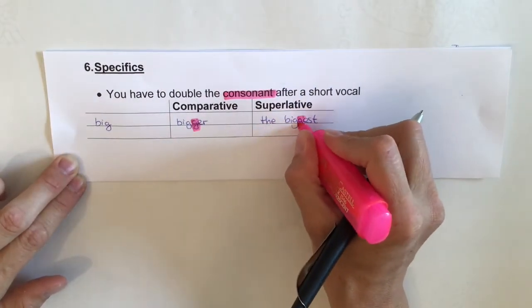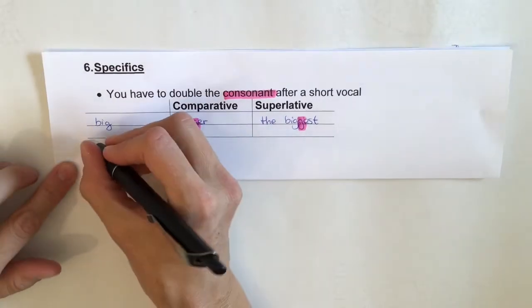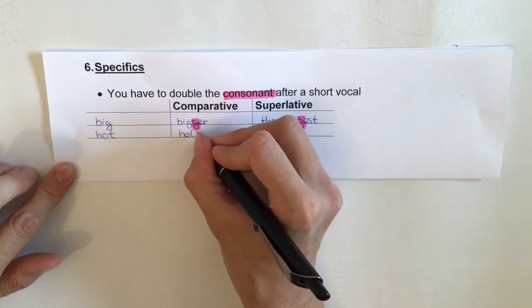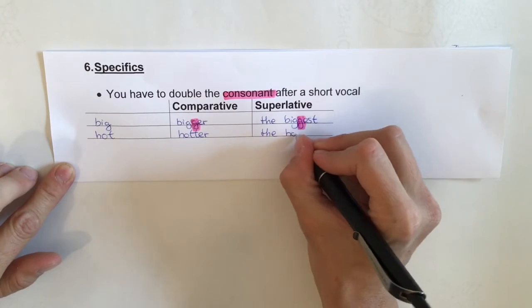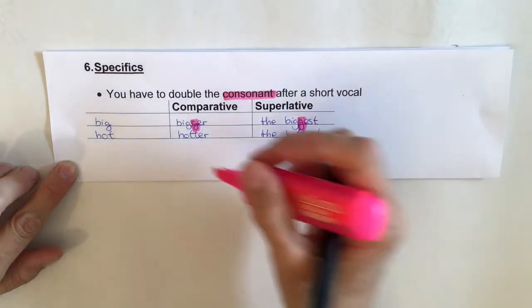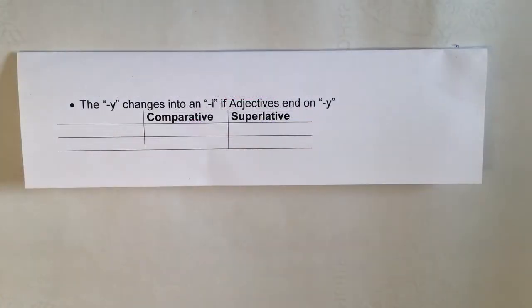So the consonant after a short vowel doubles. Another example would be hot, hotter, the hottest. Also here we have a double T.